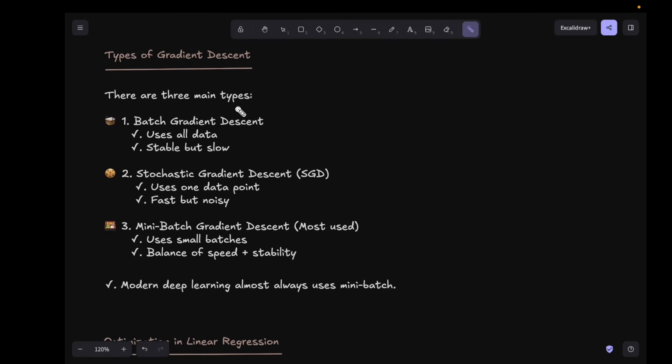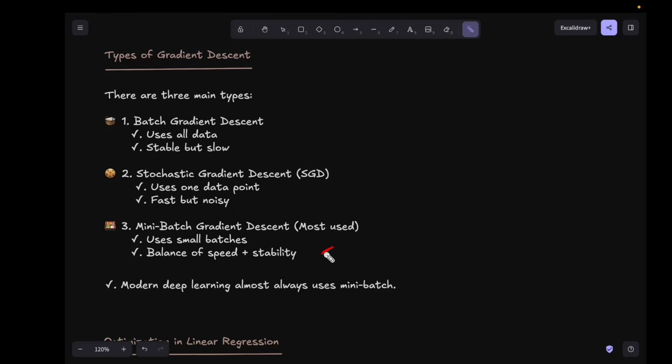These are three kinds of gradient descent: batch gradient descent, stochastic gradient descent, and mini batch. Batch gradient descent uses the whole data set, but it's stable and slow. So we don't use it. Stochastic gradient descent uses one data point. It's fast, but it's very noisy compared to other gradient descent.